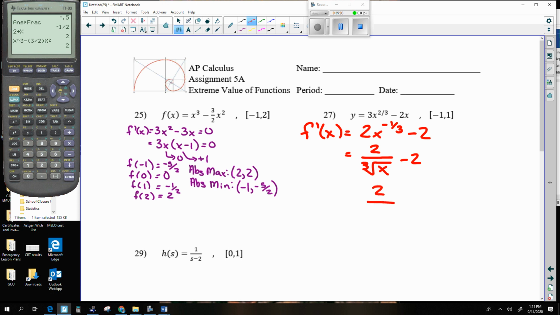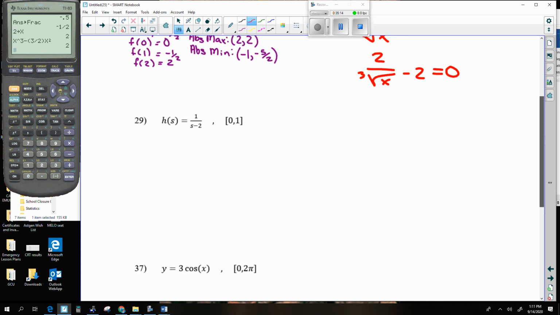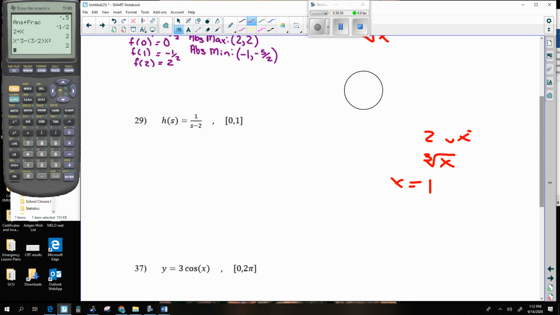Or excuse me, +1. So that would mean 2 over the third root of x is equal to 2. 2 is equal to 2 times the third root of x. 1 is equal to the third root of x. X is equal to 1. Okay, so another critical number at 1.